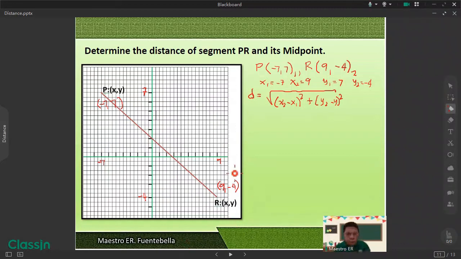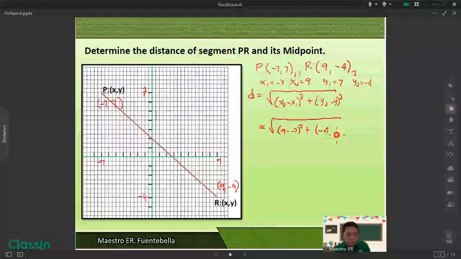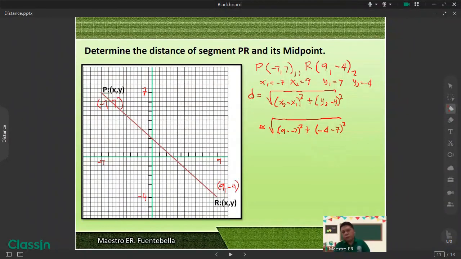So let's substitute. It equals now to the square root of x sub 2 is 9, 9 minus x sub 1 is negative 7, squared, plus y sub 2 is negative 4 minus y sub 1 is 7, quantity squared.